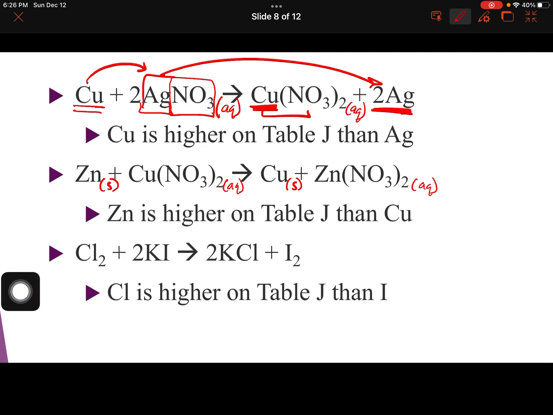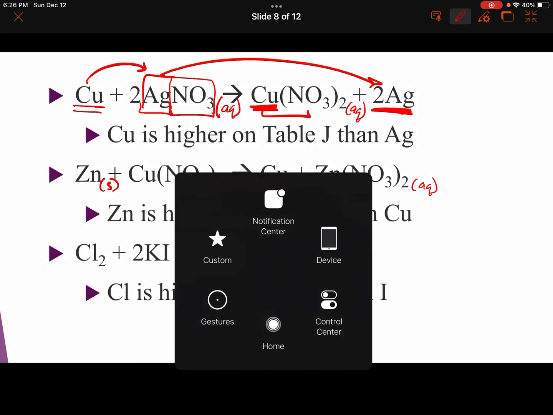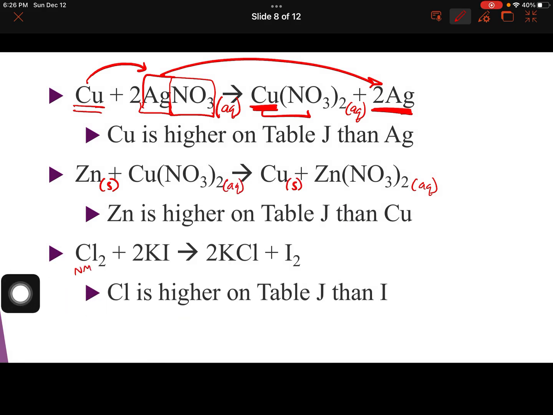This example is with a non-metal option. So we have chlorine gas, and chlorine is a non-metal. So in this compound, potassium iodide, the metal comes first, the non-metal comes second. So we would have a replacement occurring with the chlorine and the iodine. Look to see what type of element the single element is.